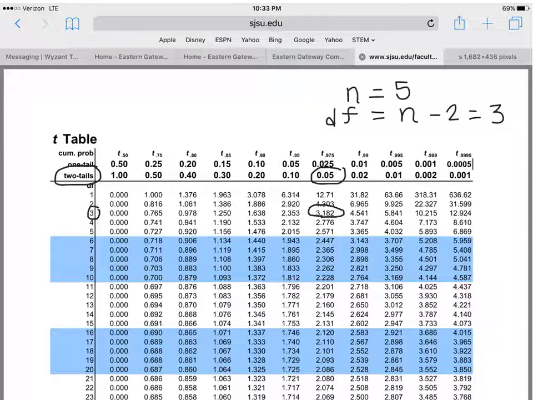And we find that that value is equal to 3.182.